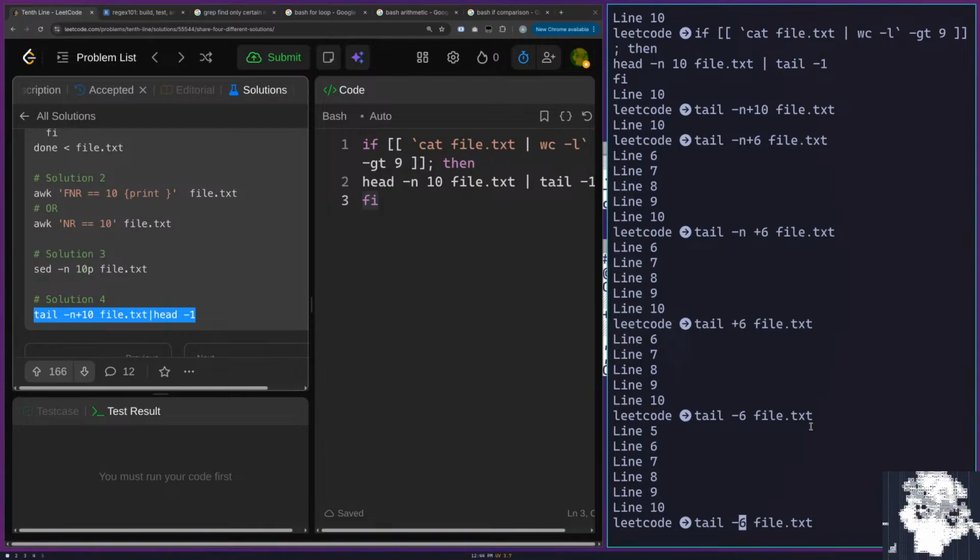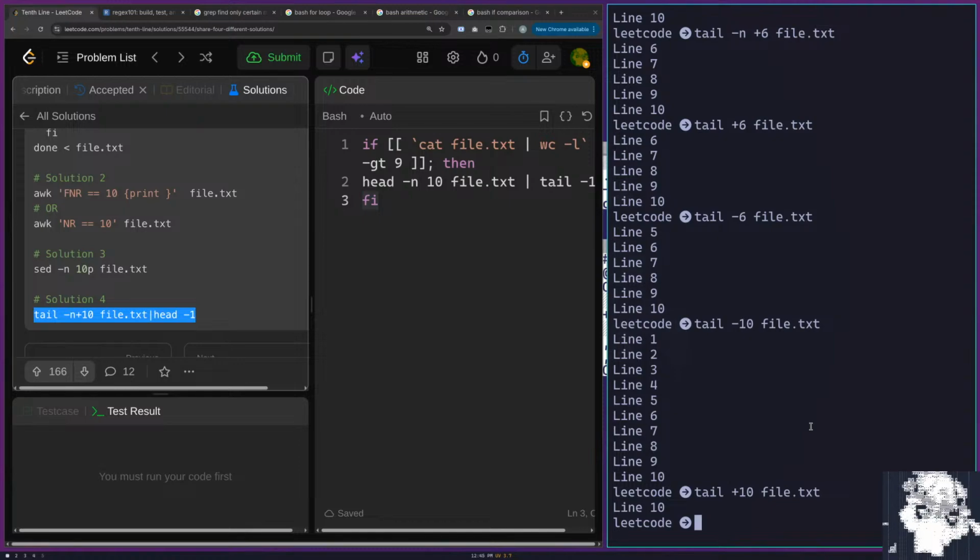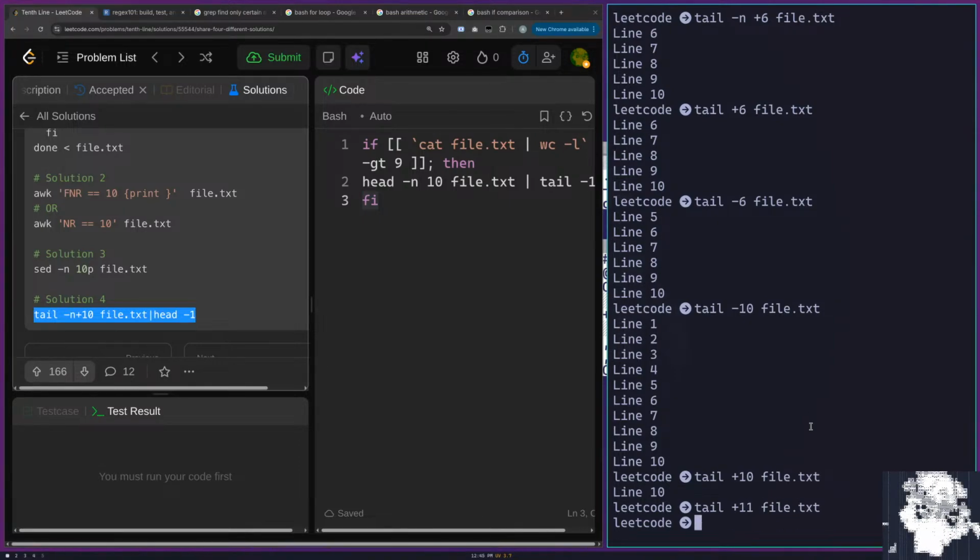Wait, what if I say tail? What is the plus doing here? And what if I, okay, so tail plus already does exactly what you want.